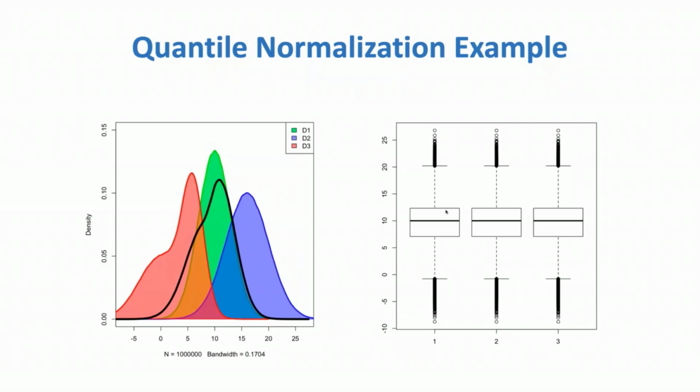If you look at the box plot after we apply quantile normalization, this is how the box plots would look for those 3 distributions. Because we force them into an intermediary density, you can still see that slight hump on the left side. So we do change the shape of the distribution.